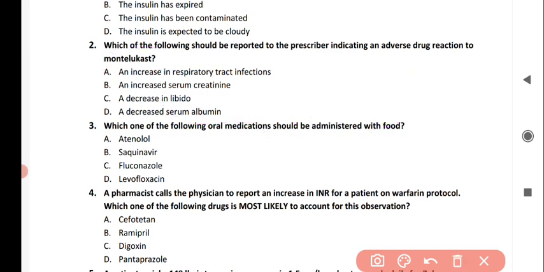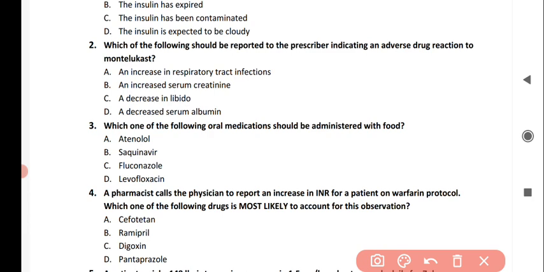Among these four options, the main adverse drug reaction seen with the use of montelukast is an increase in respiratory tract infection. So option A is correct for this question.